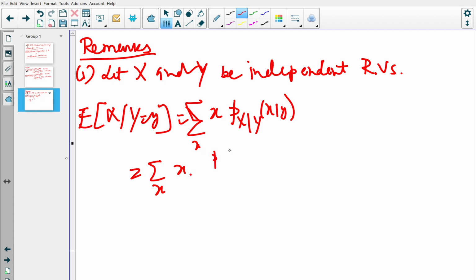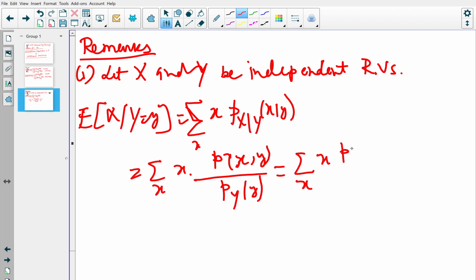the joint probability mass function of X and Y divided by the marginal mass function of Y. Because X and Y are independent, the joint probability mass function is the product of the individual marginal mass functions. So this is the marginal mass function of X times the marginal mass function of Y, and the marginal of Y cancels.